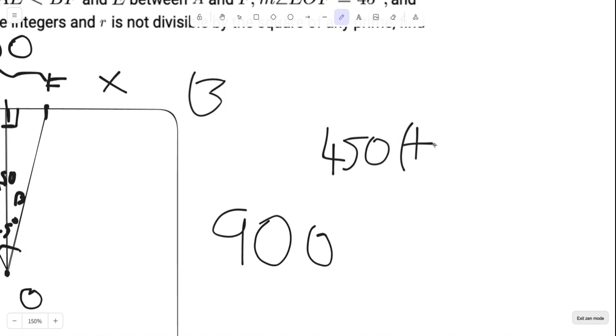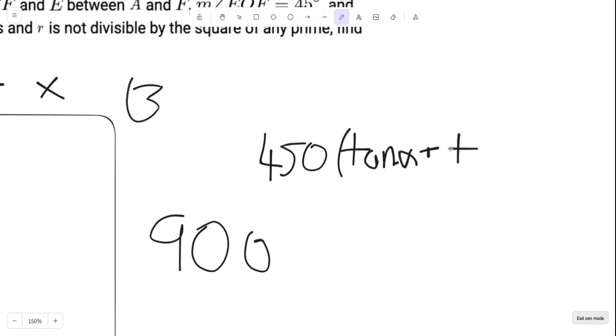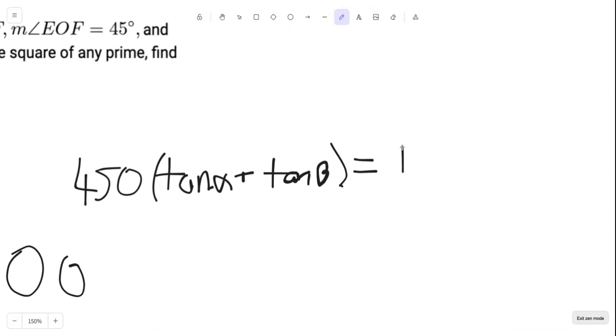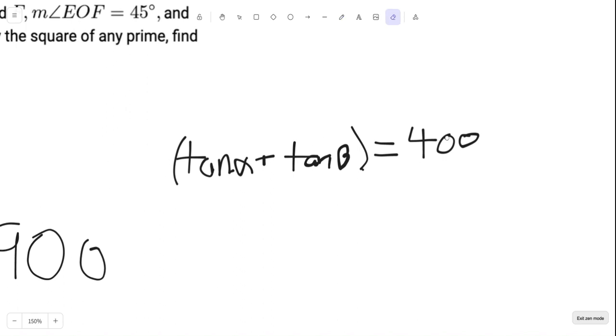This tangent alpha plus tangent beta is equal to 400 over 450, which means we can cancel out this, so we get that tangent alpha plus tangent beta is equal to 8/9.